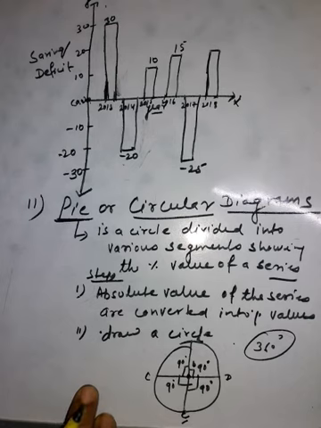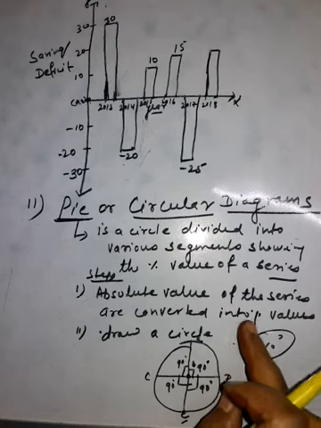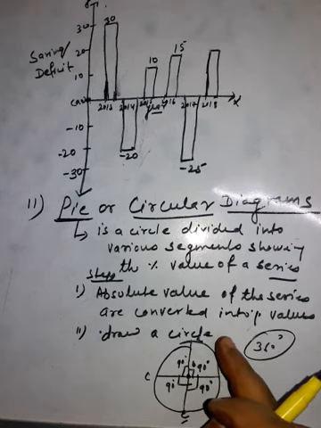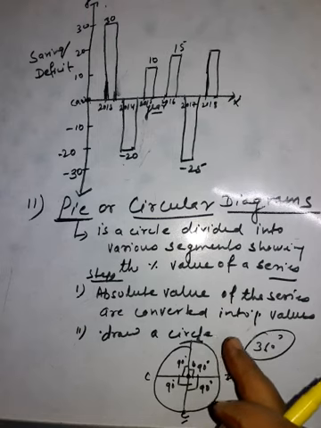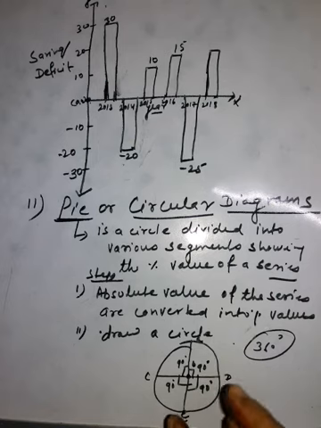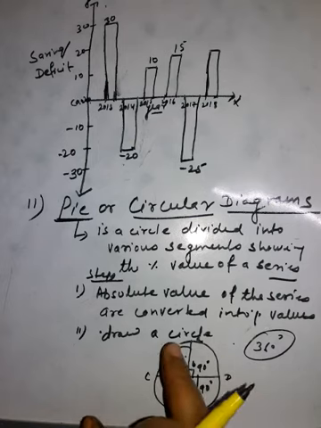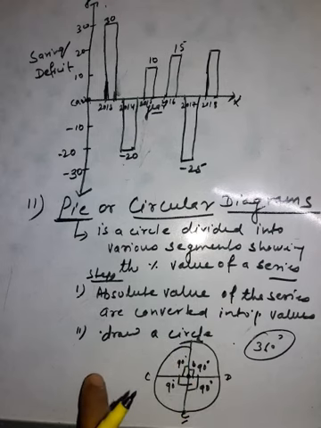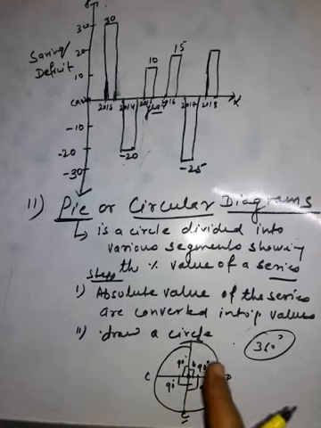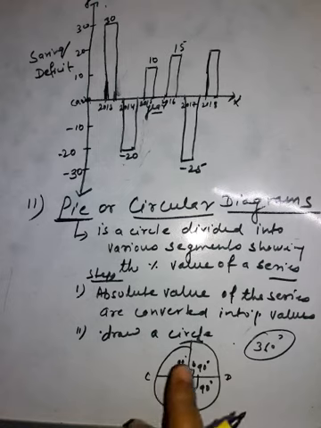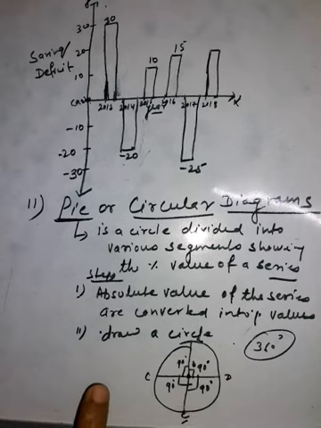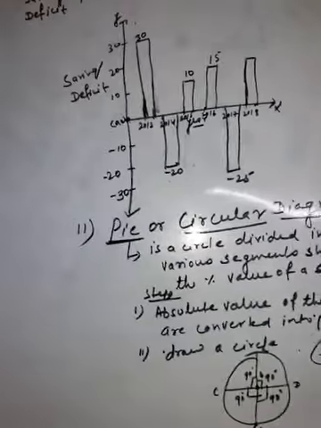The last thing we have to do is convert these percentage values into degrees, and that data will be shown in the circle. That is the final thing, and it should be drawn clockwise. So I will give an example here.